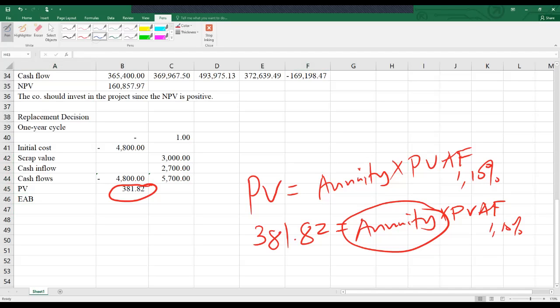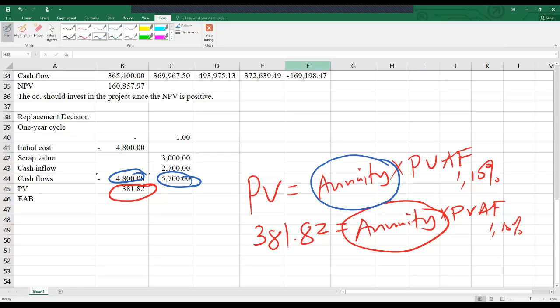I simply want to spread the amount we are receiving into equal tranches, an equal amount. But it's not equal per se in reality, because you can see the cash flows here and here are quite different. So we want to determine what would be the equal amount that will be earned or incurred every year over the life of that cycle.